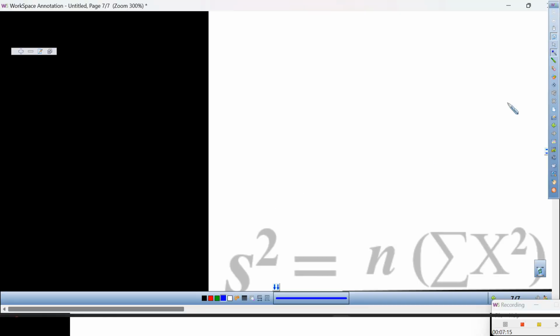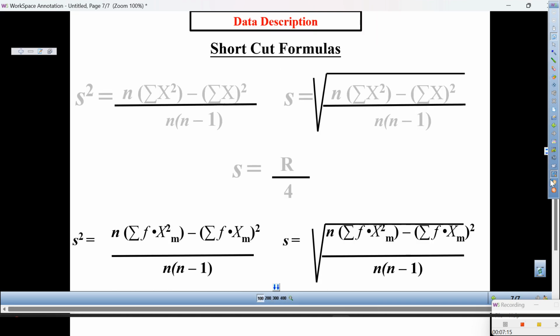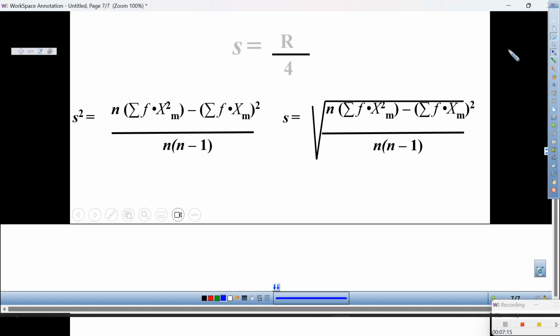Looking at the formula, let me move this up. Make sure we know what we're looking at. All right, so tell your neighbor what the N stands for. All right, Jaden, pass someone. Joel? Yeah, number of numbers, yes. All right.